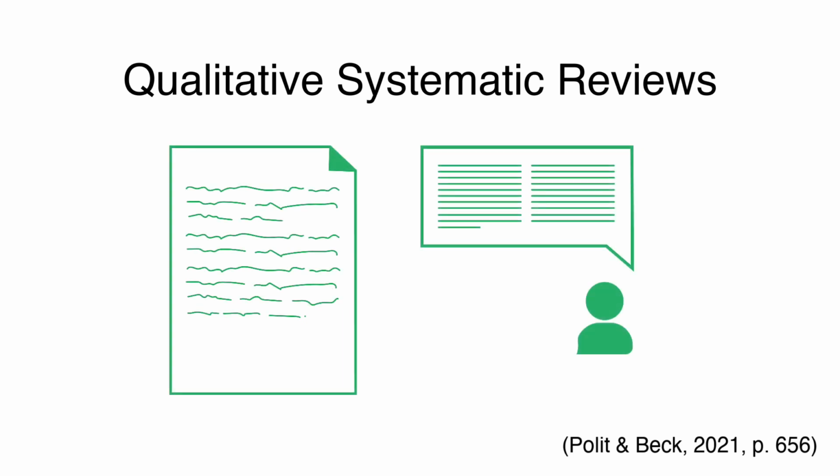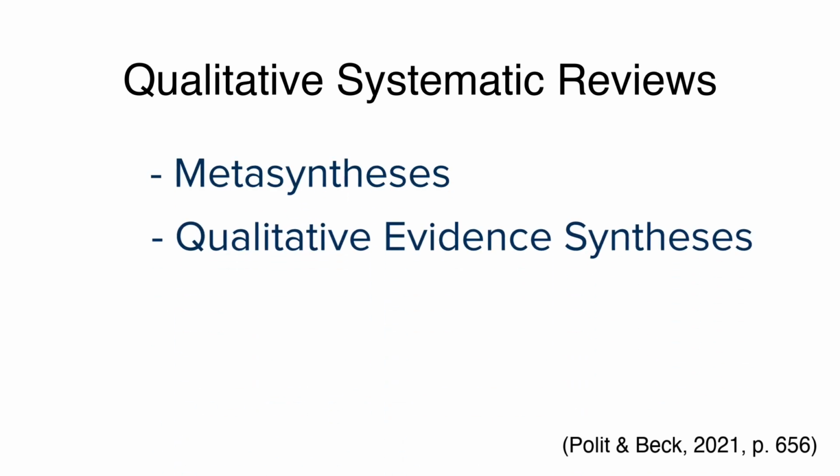Many qualitative and some quantitative systematic reviews include narrative integration, or narrative synthesis, in which integration is based on language, the use of words or text rather than numeric values. Qualitative systematic reviews often produce narrative integration in the form of metasyntheses and qualitative evidence syntheses.